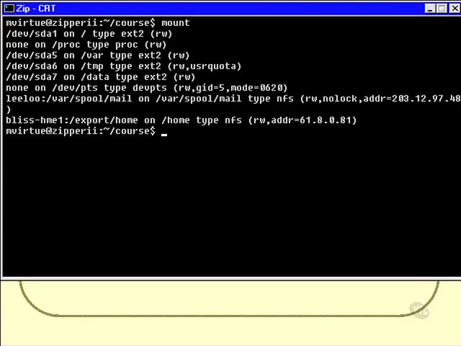So what I learned from reading this particular diagram is I know for a fact that all my files, which are in /home/mvirtue, are necessarily part of the /home file system, and /home has actually been mounted from the bliss-hme1 computer. So even though I think I'm connected to this particular computer, well, I am connected to this particular computer, but the files that I'm accessing are actually coming from a different computer. They're coming from the bliss-hme1 computer.